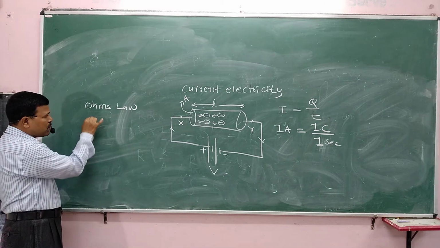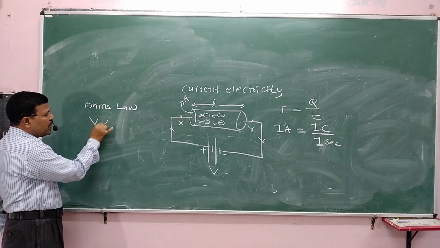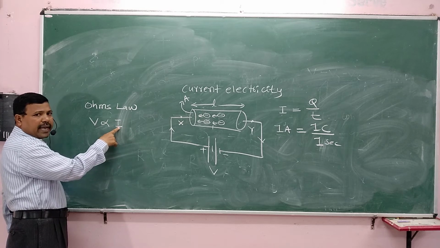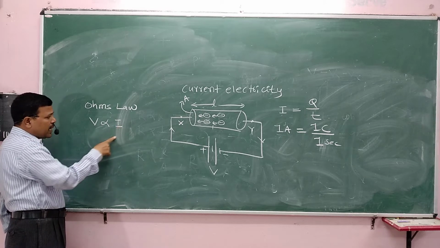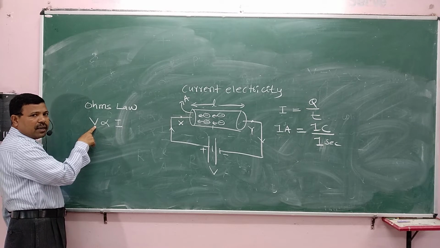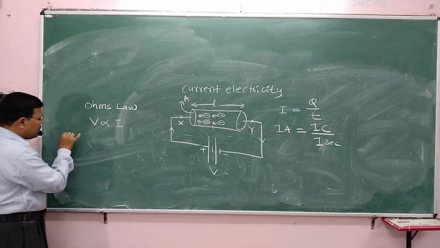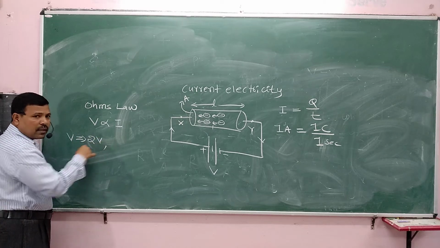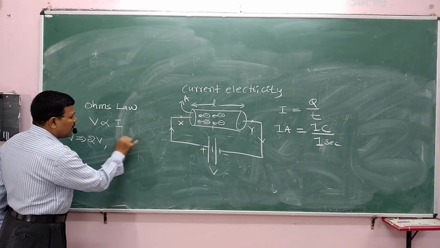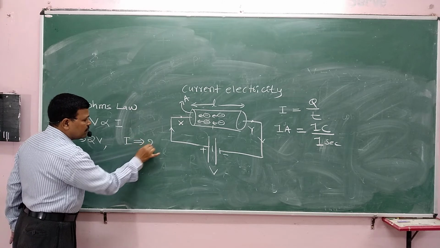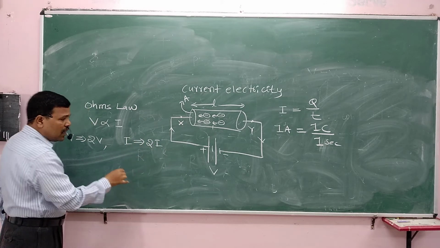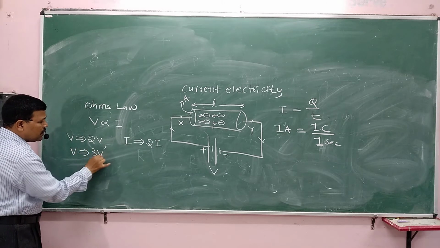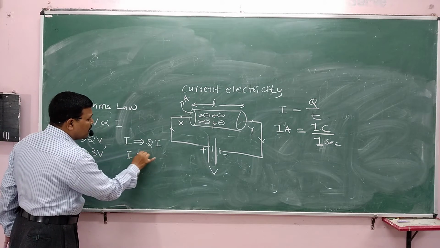So we write Ohm's law mathematically as V is proportional to I. The current carried through the conductor is directly proportional to the potential difference. If the potential difference applied is doubled, then what happens to current? Current also gets doubled. If the PD applied is tripled, then current also gets tripled.